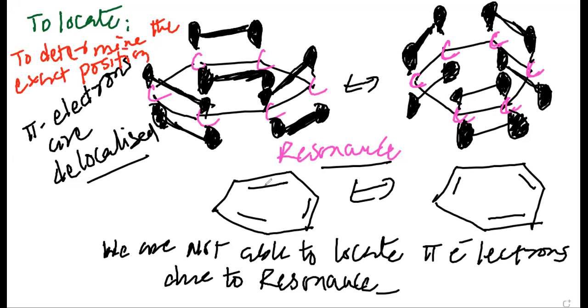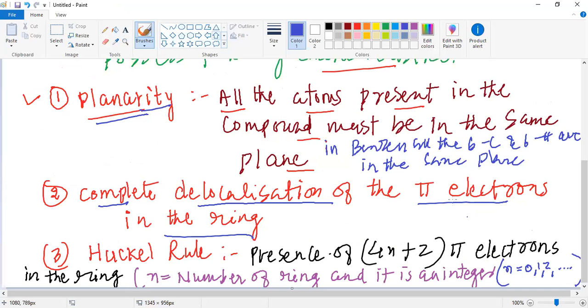So when we say the electrons are here, they just move and go to the next position. That means the pi electrons are delocalized. We cannot determine the exact position of the pi electron, and this is how we can say that in benzene, all the 6 pi electrons cannot be localized.